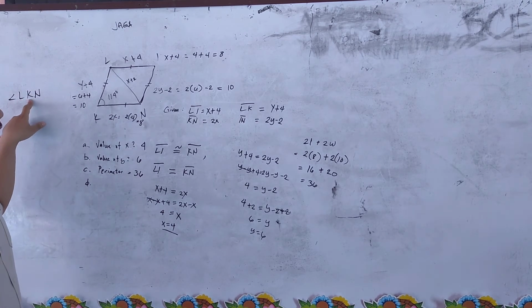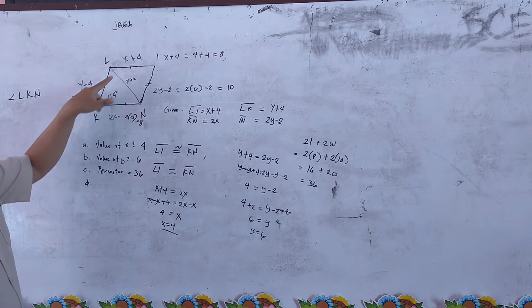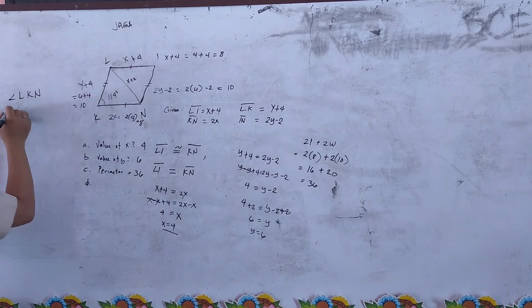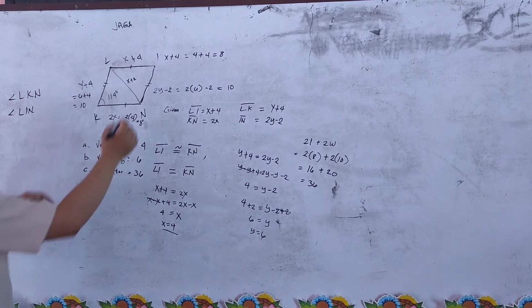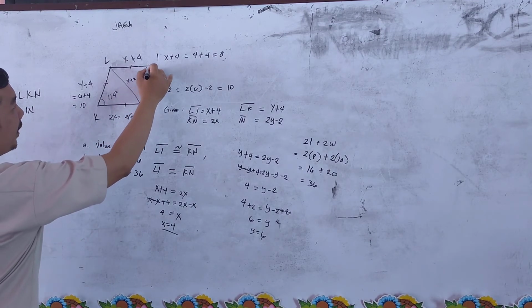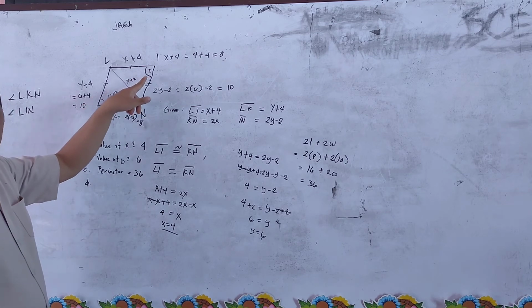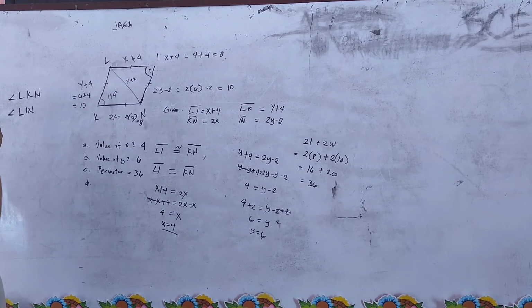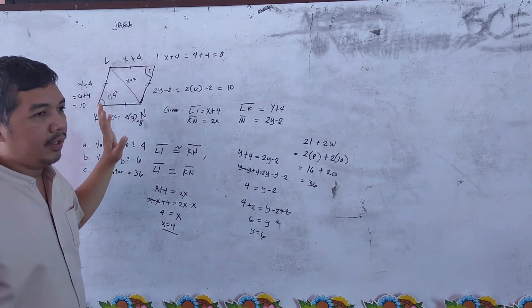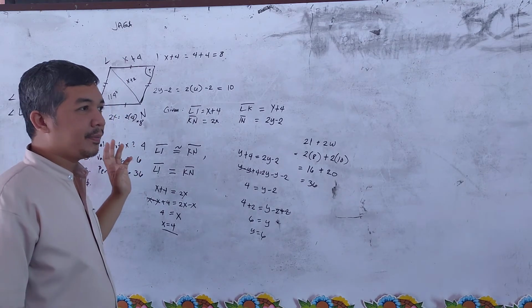Kung ano yung nasa gitna, yun yung may sukat na angle. So, ang hinahanap natin is angle ng LIN. Ibig sabihin, ito yung question mark. No? Ito yung question mark. LIN.